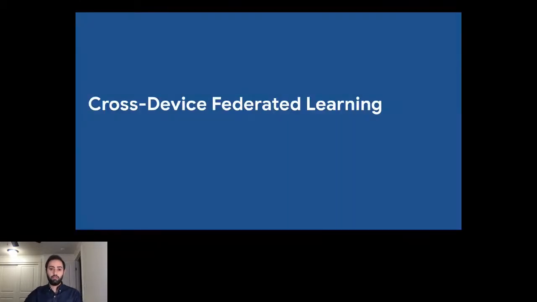For the rest of the talk, I will focus on the cross-device federated learning setting because that's the one we have focused on the most. It does not at all mean that the cross-silo setting is not equally important or interesting, but because we know a lot about this setting, I'm going to try to tell you a bit more.